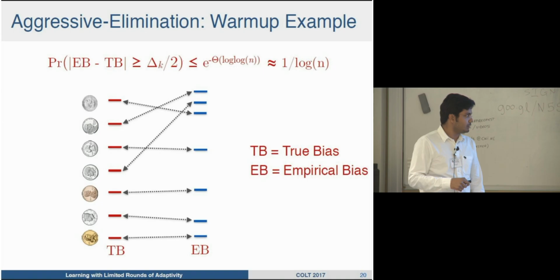Because we have weak concentration, some coins might jump over the top coin. However, we can show that there would not be a lot of them; there would be only roughly a 1 over log n fraction of the coins that would jump. And if we select the top 1 over log n fraction to go to the next round, we would not have eliminated the top coin.